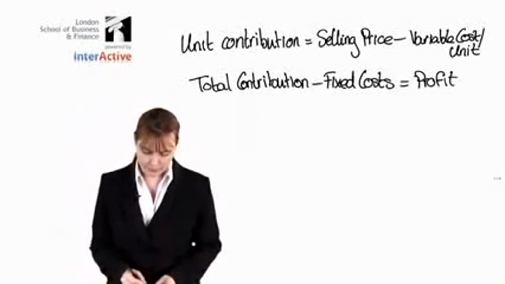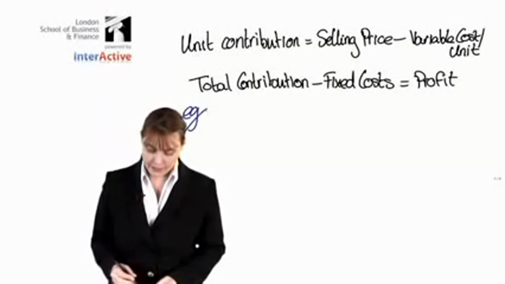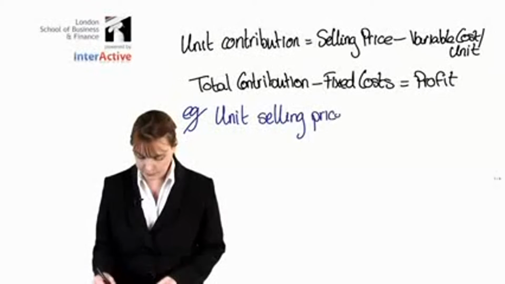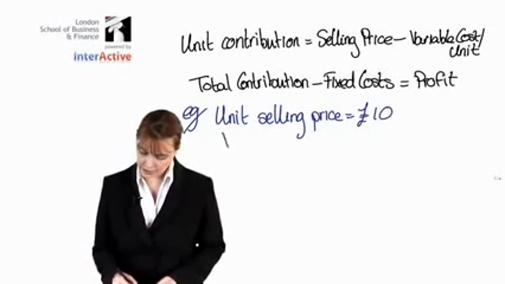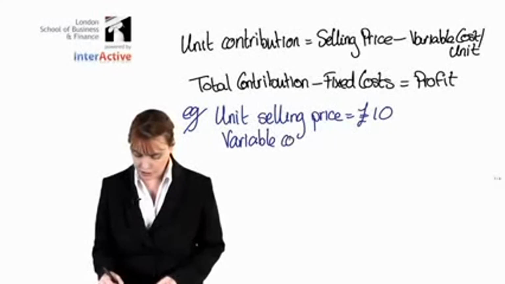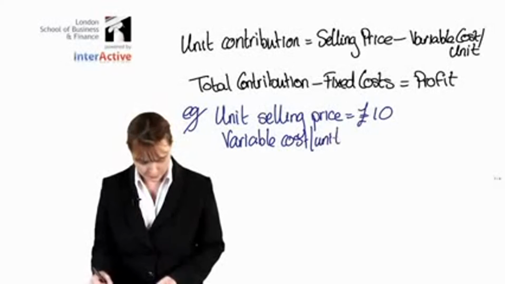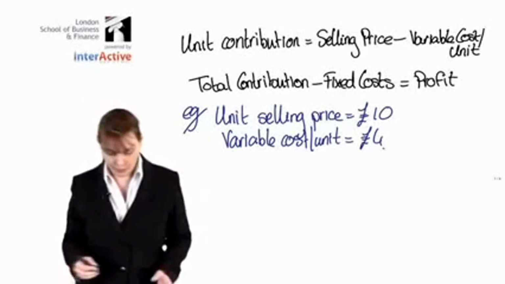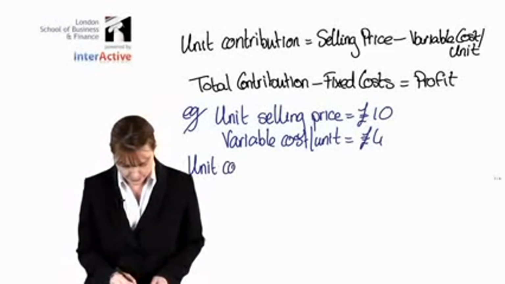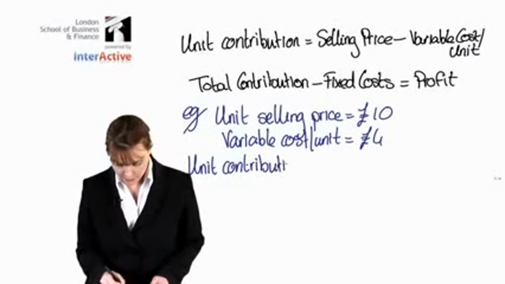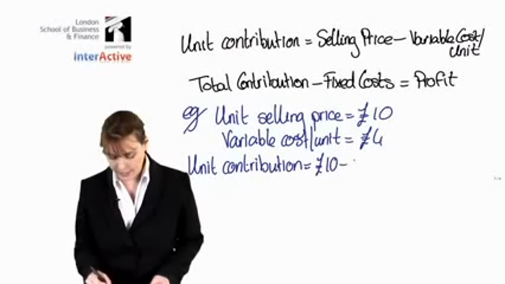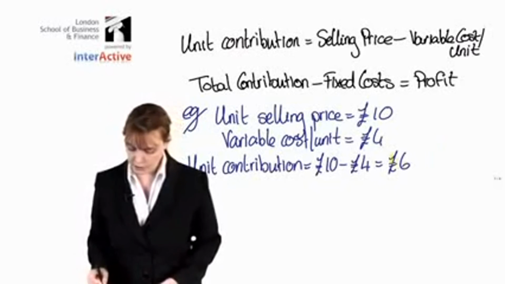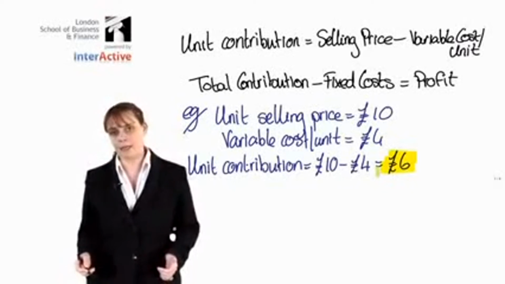So let's just say, for example, if I have a unit selling price of £10, and I know that my variable cost per unit is equal to £4, and I wanted to calculate unit contribution, it would very simply be my selling price of £10 minus the variable cost per unit of £4. So my unit contribution then is £6.